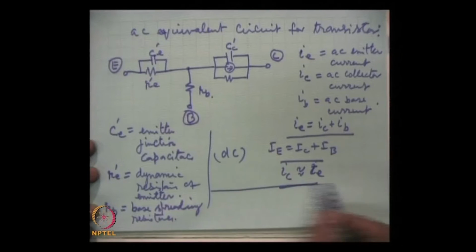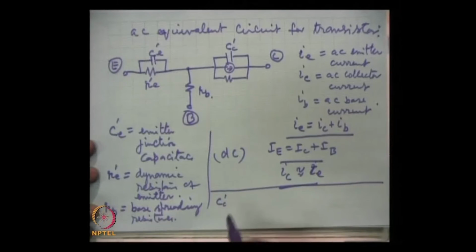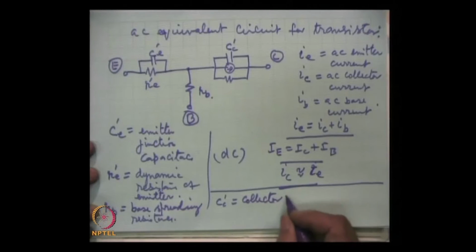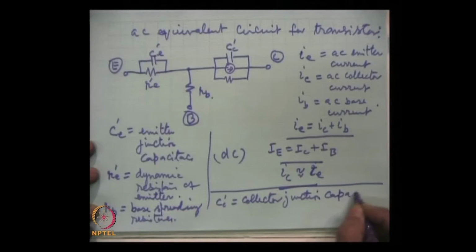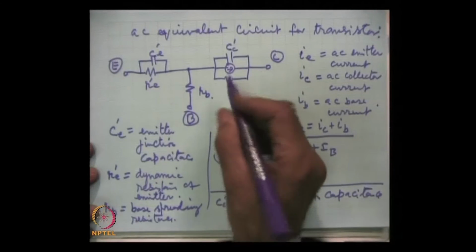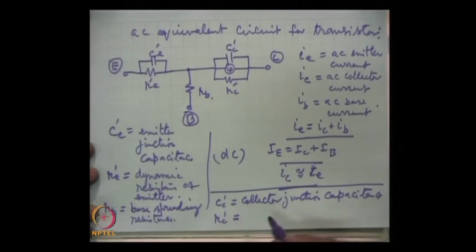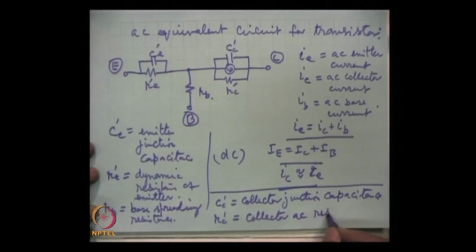C C is the collector junction capacitance, and this is R C prime, the collector AC resistance.